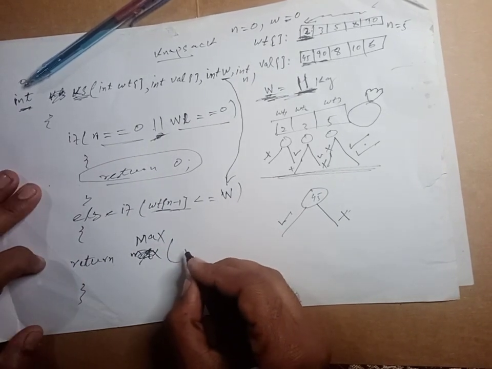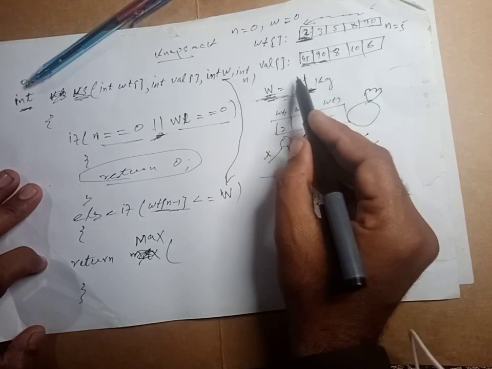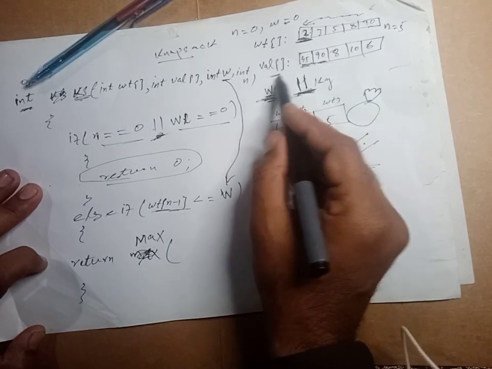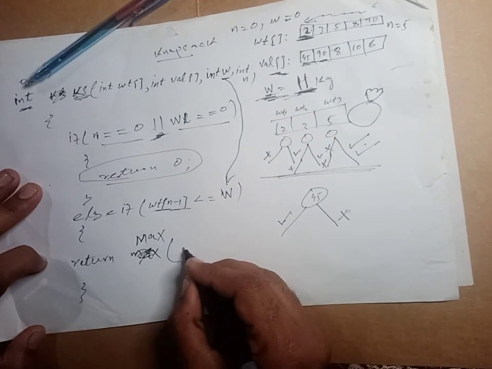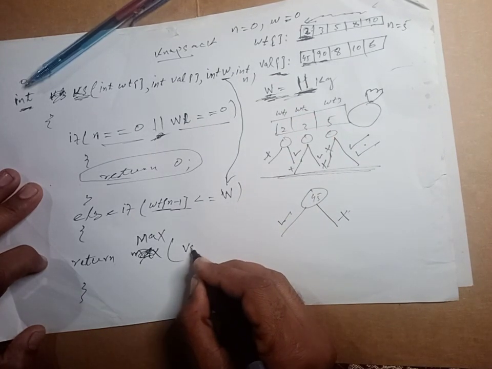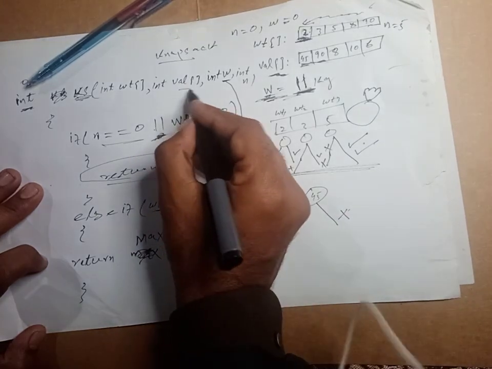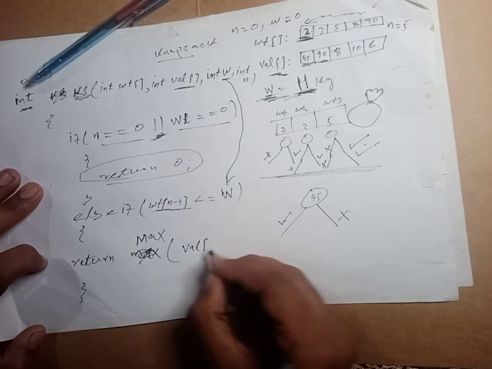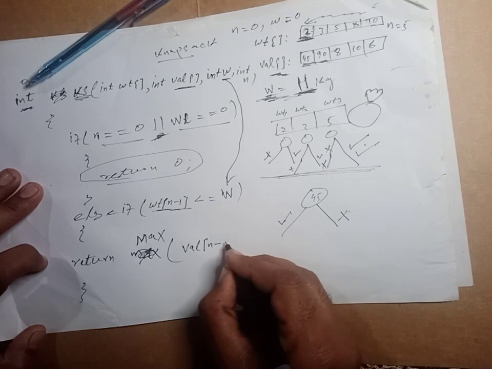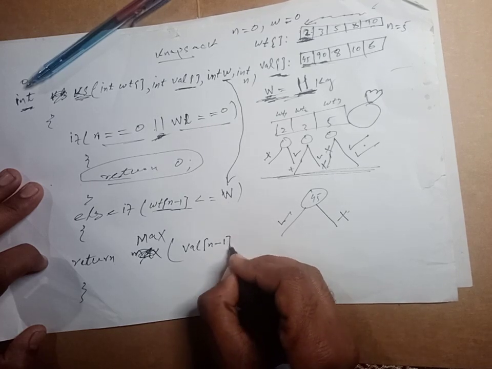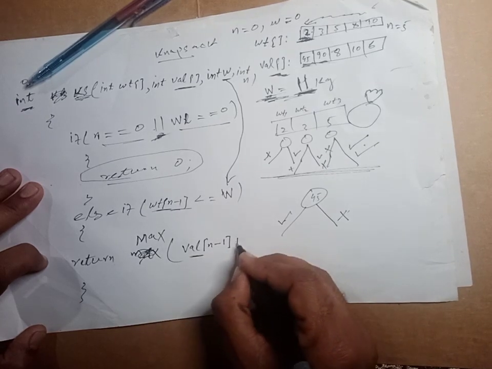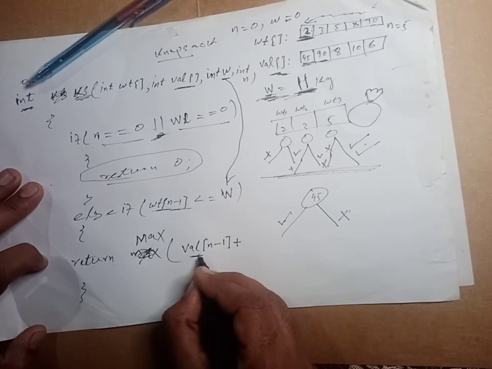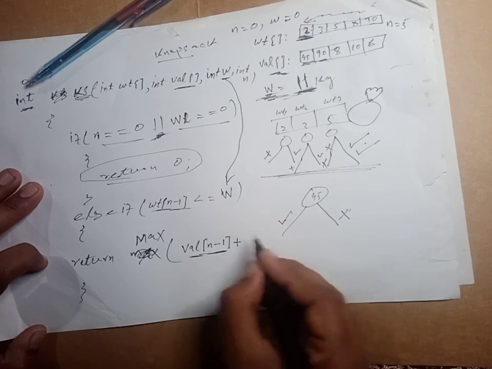What we have to do is increase the profit. So value, this is the array, the value of the particular item we are choosing now. So this is the code of choice, plus we add this using the recursive call.